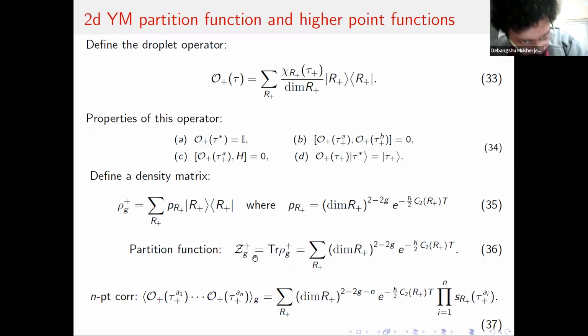So the partition function for the chiral sector is simply the trace of this density matrix, which nicely matches with. Sorry, what is tau star in this that gave you the identity? Tau star is a very special vector where all the coherent state parameters are tuned to 1.